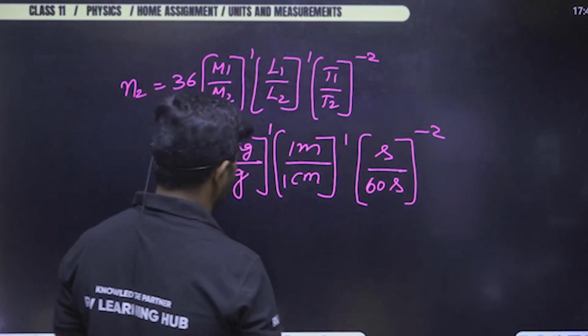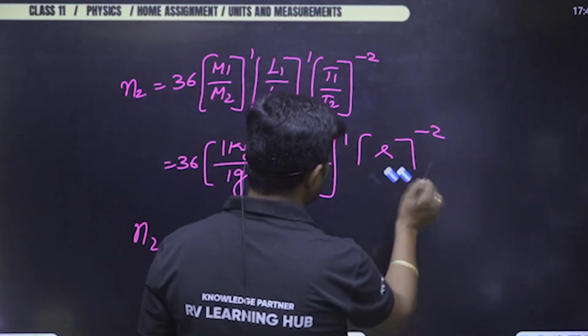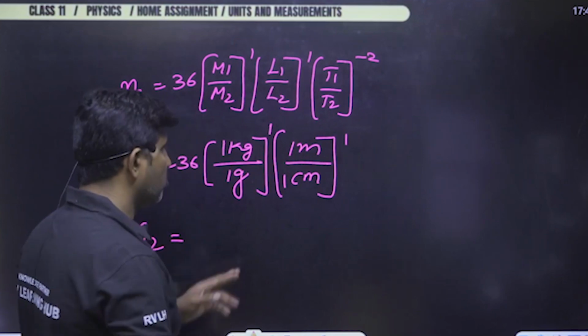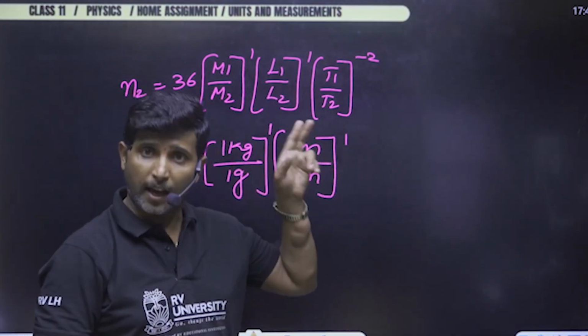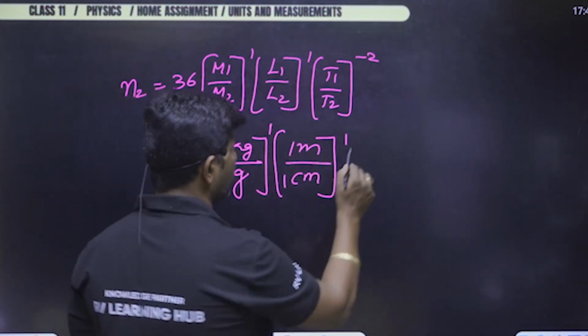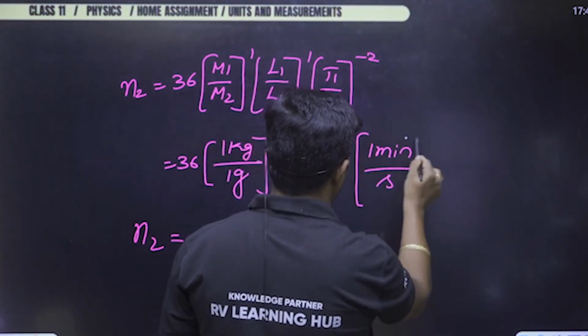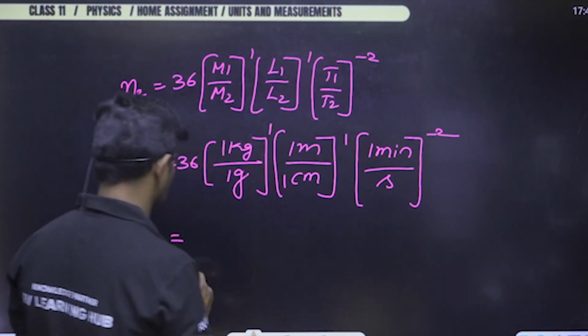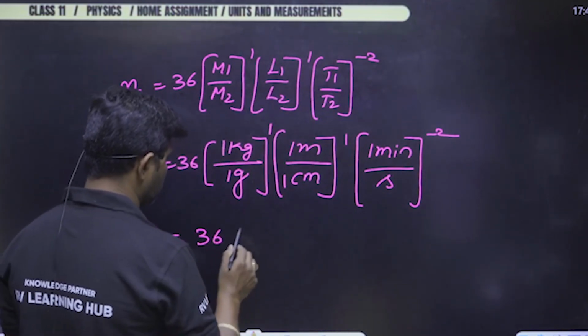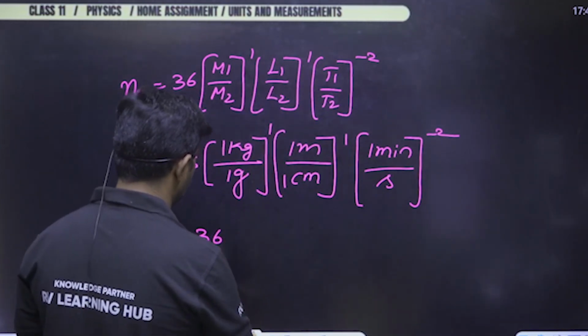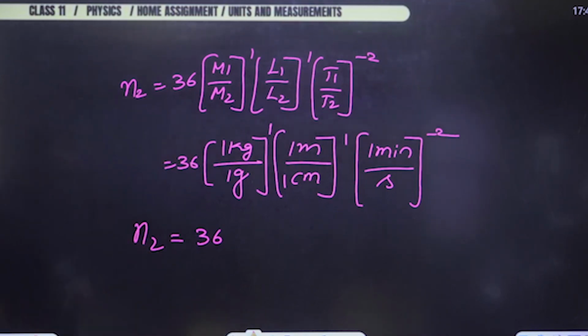Somewhere I am making a mistake here. The first system is the system which they have given. The time is nothing but 1 minute, 1 minute divided by second, whole to the power of minus 2. Please simplify. 36 into 1 kg divided by 1 gram.